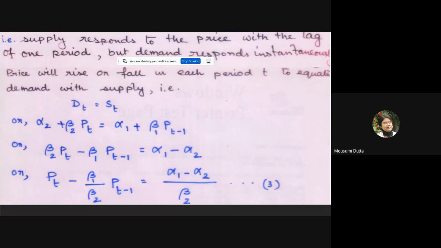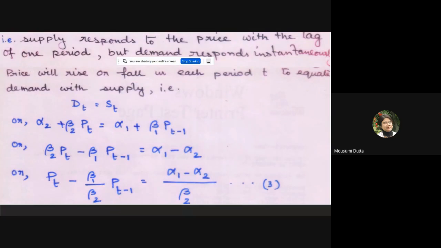So suppose we consider day 1. In day 1, if the market finds that there is a huge demand for a particular product, then in day 2 there is a chance that price will go up. If we find that demand is not that much for this level of price, then the next day price will go down.